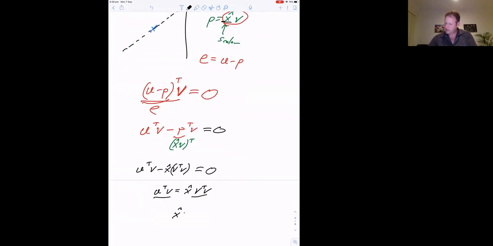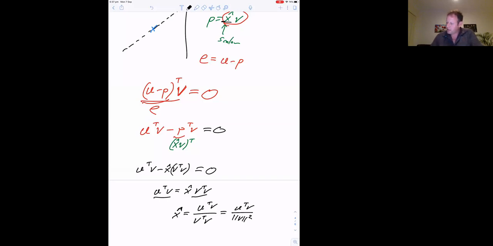So X hat is U transpose V divided by V transpose V. You can also write that as U transpose V divided by the norm of V squared, if you'd like. So that's our X hat.